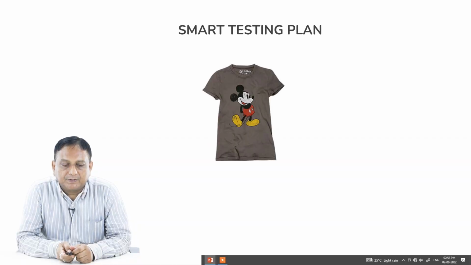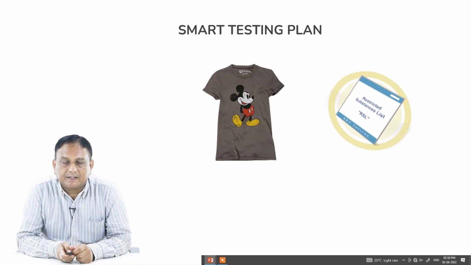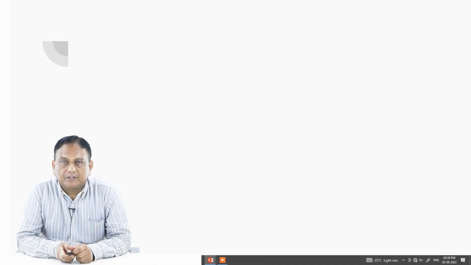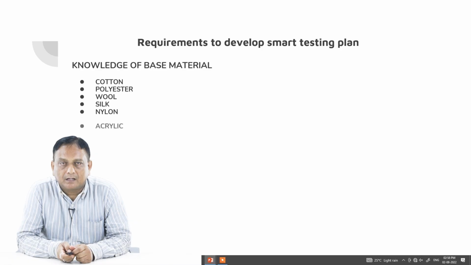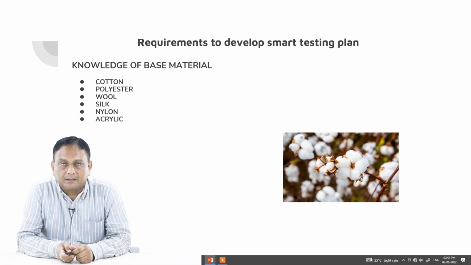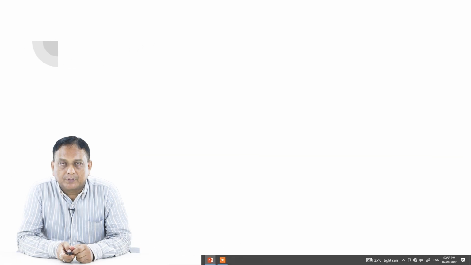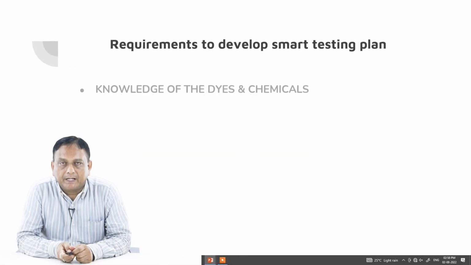Now let us talk about a smart testing plan. What is a smart testing plan? It is a plan to determine the restricted substances in a compound. So what are the requirements? Knowledge of the base material is important, whether it is cotton, polyester, wool, silk, nylon, or acrylic. So basic knowledge is very important to determine the testing plan.